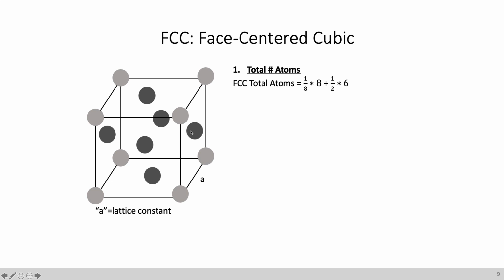So half of the atom is enclosed within this cubical structure. And so we do 1/2 times 6, because we have 6 atoms in total, each at the face of the cube. We simplify this, and this is equal to 1 plus 3, which then is 4 atoms. So we have 4 total atoms enclosed within our FCC structure.